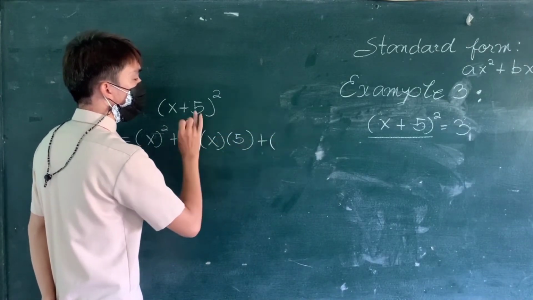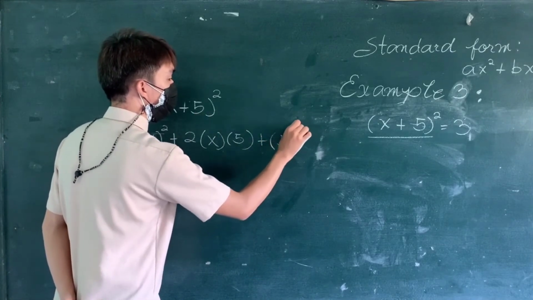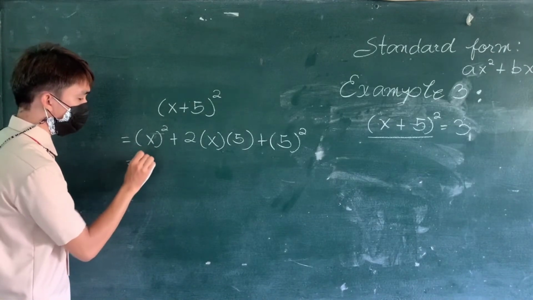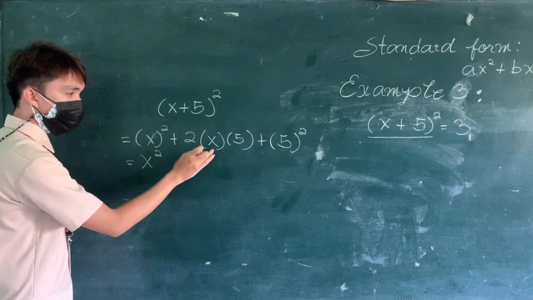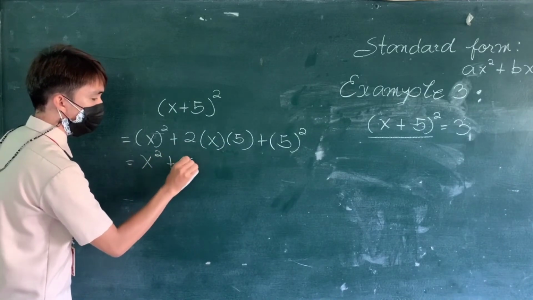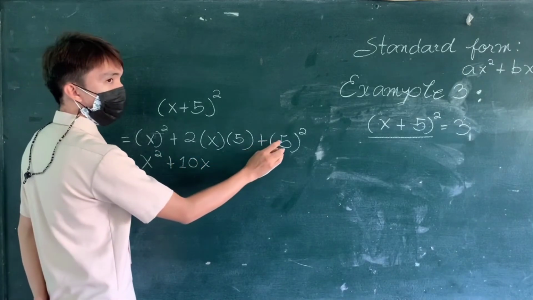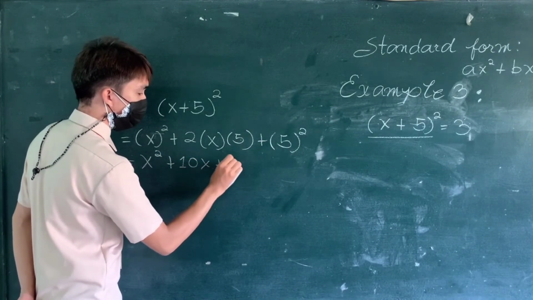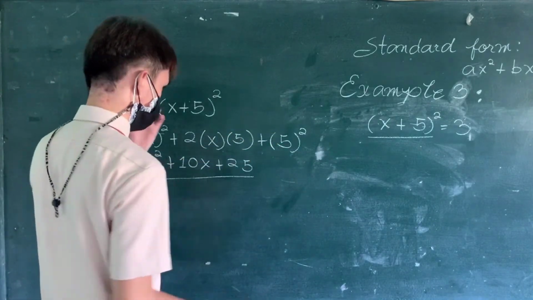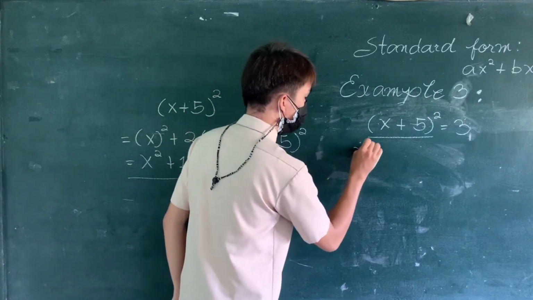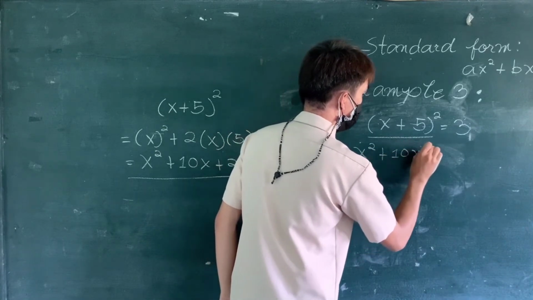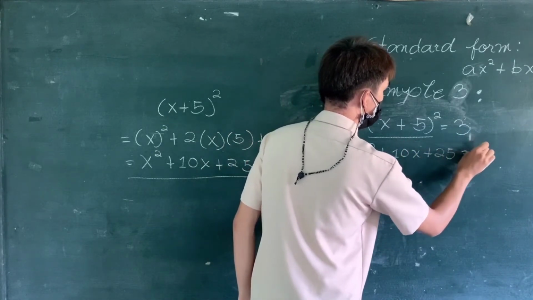And the last step, we have to square the last term. x times x equals x squared. 2 times x equals 2x, times 5 equals 10x. 5 times 5 equals 25. So we are going to write this one here. We have x squared plus 10x plus 25 equals 3.